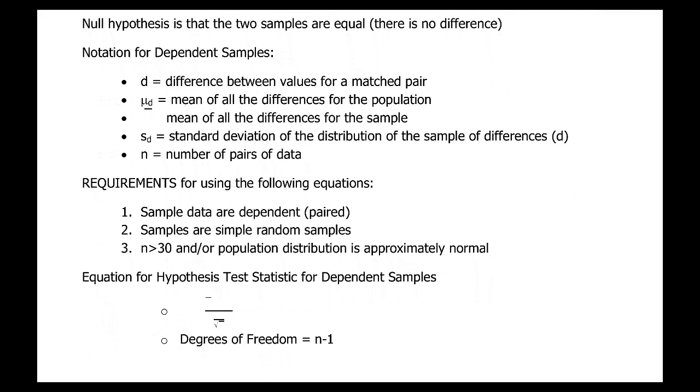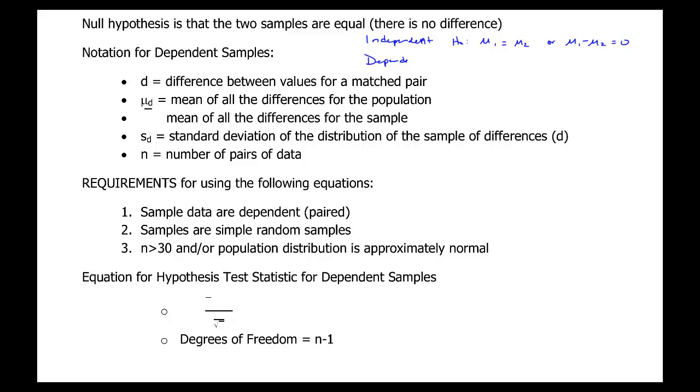Okay. The null hypothesis is that the two samples are equal. There is no difference. In independent samples, we used mu1 equals mu2, or there's no difference. If you subtract them, you get 0.